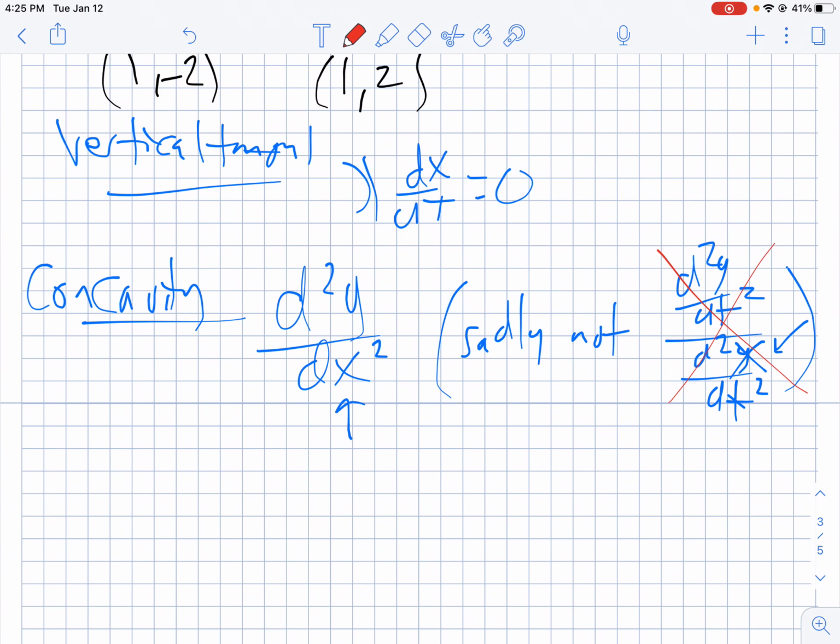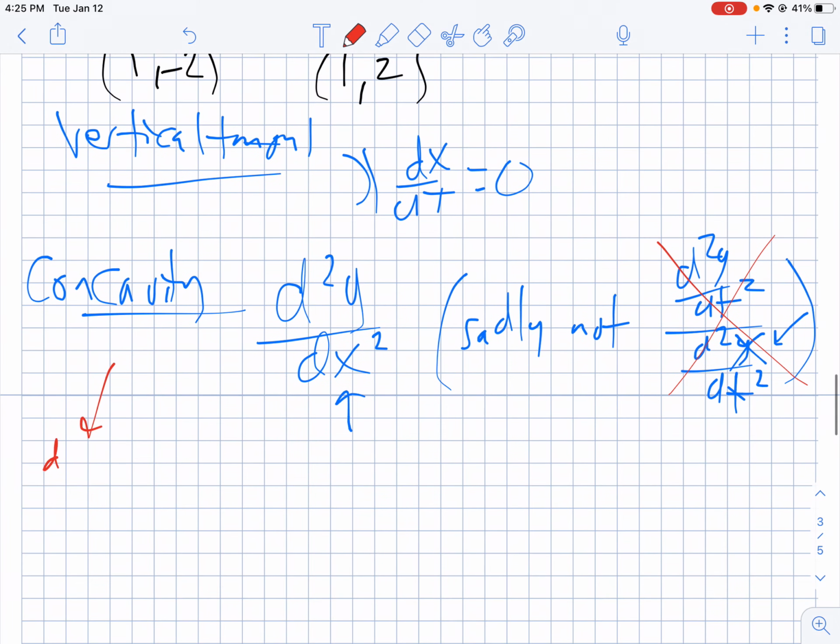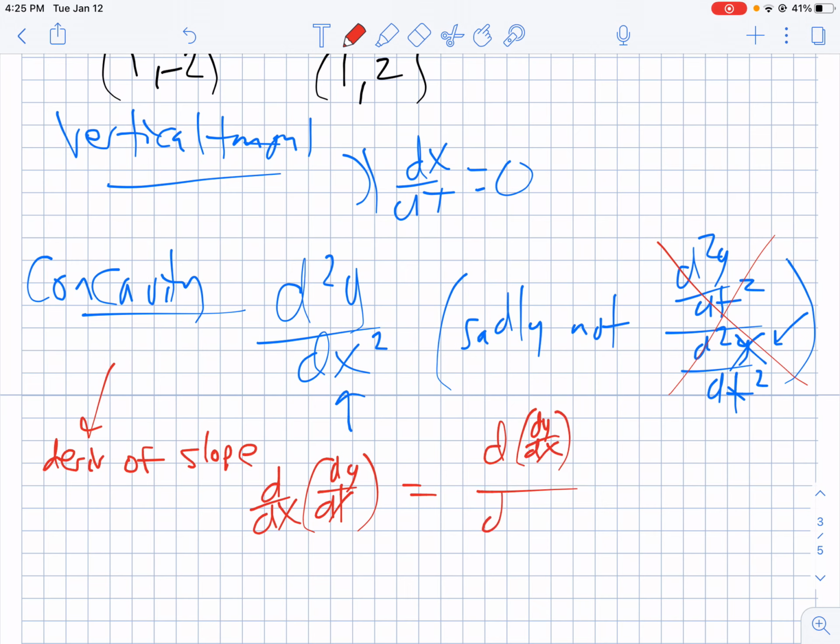But what is concavity? Well, it is the derivative of the slope. So it's saying let's take the derivative of dy dx with respect to x.